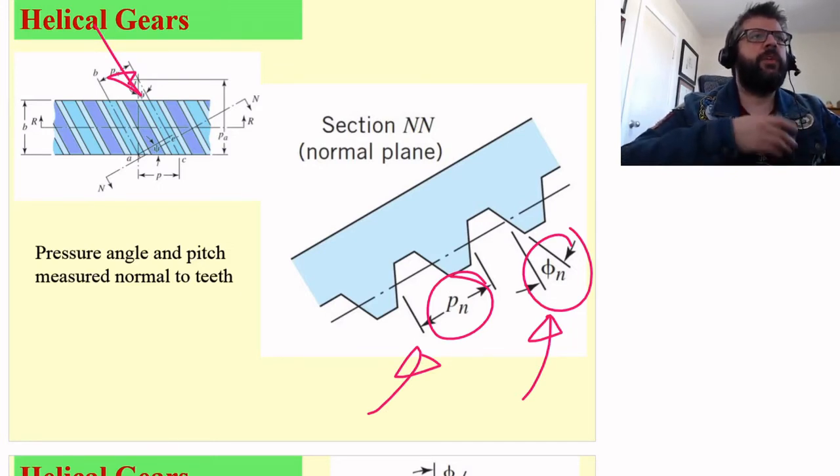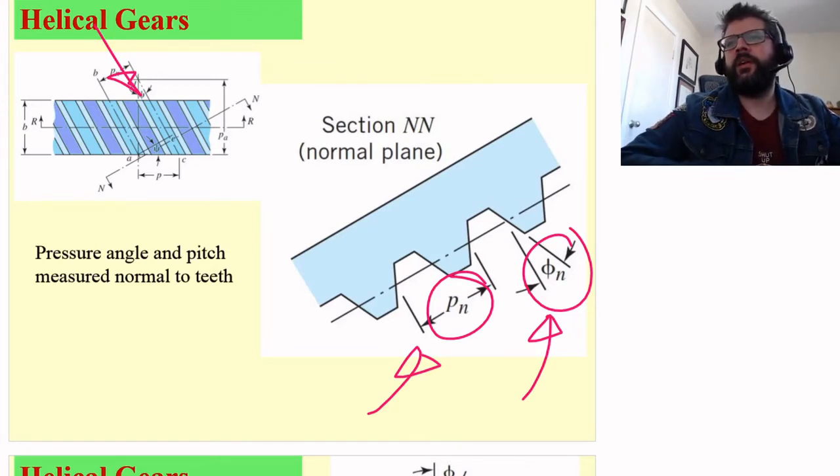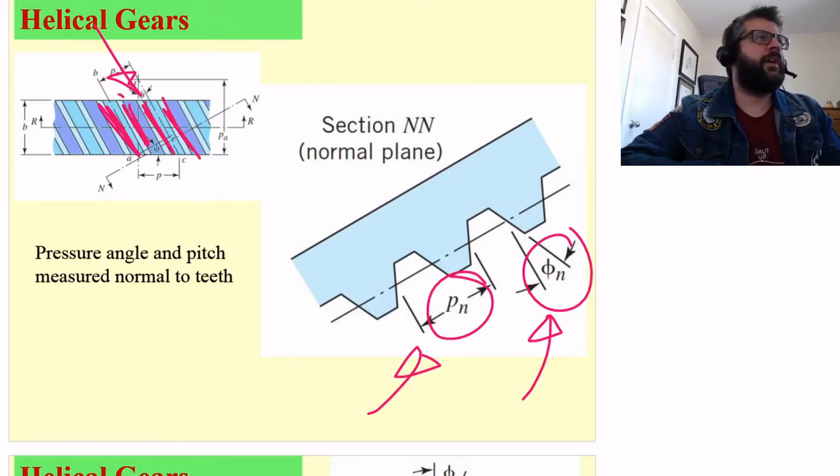If you're using a hob cutter or some sort of gear forming that has the shape of the tooth built in, it's going to be cutting back and forth this way, right? So the shaping of the teeth is going to happen that way, and the geometry that it's cutting out is going to be based upon this.